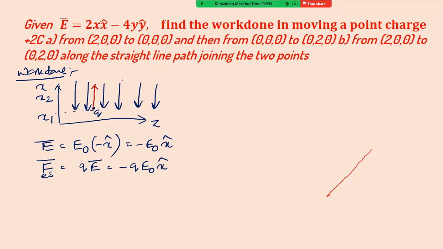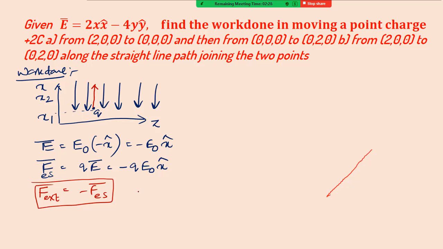For that we have to apply force on the charge q, and this externally applied force must be opposite to the already existing electrostatic force, then only we can say work has been done. So this is the concept of work done. Work has been done on the charge q in order to move from x1 to x2. This is the theory.